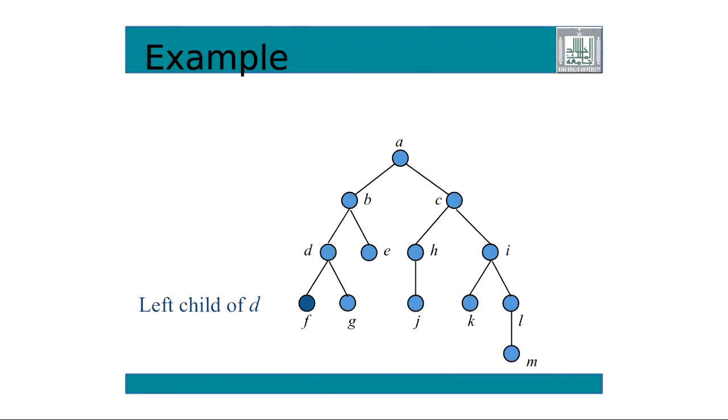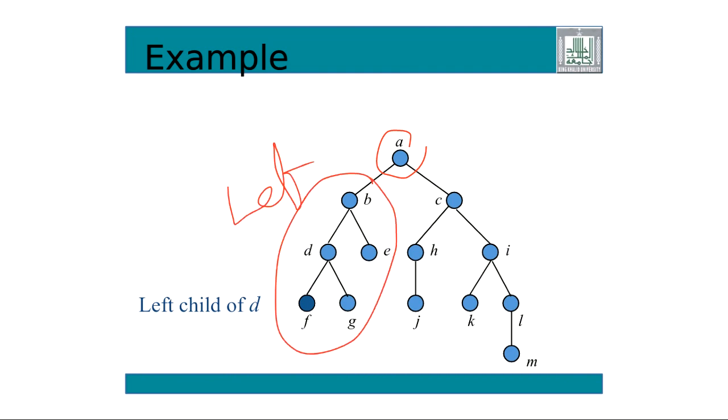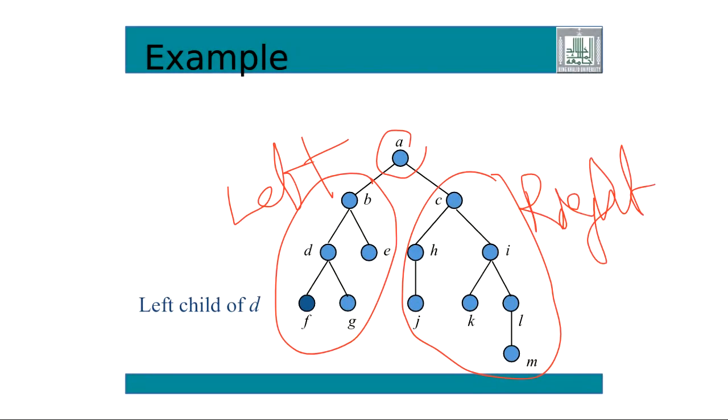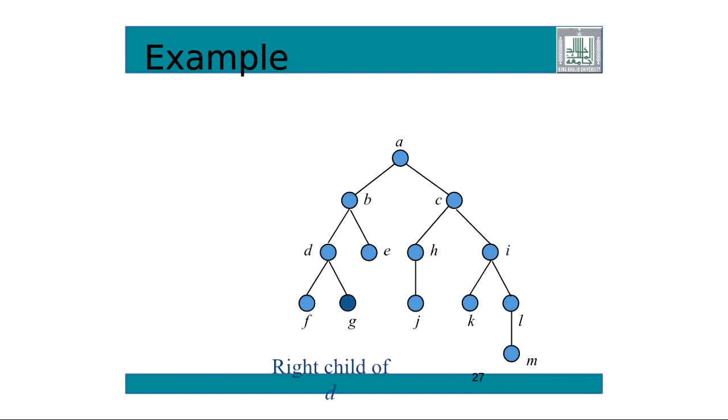Okay, and consider an example. This is a parent, and we can say this is the left subtree, and this is a right subtree. Right child of D. Who is the right child of D?